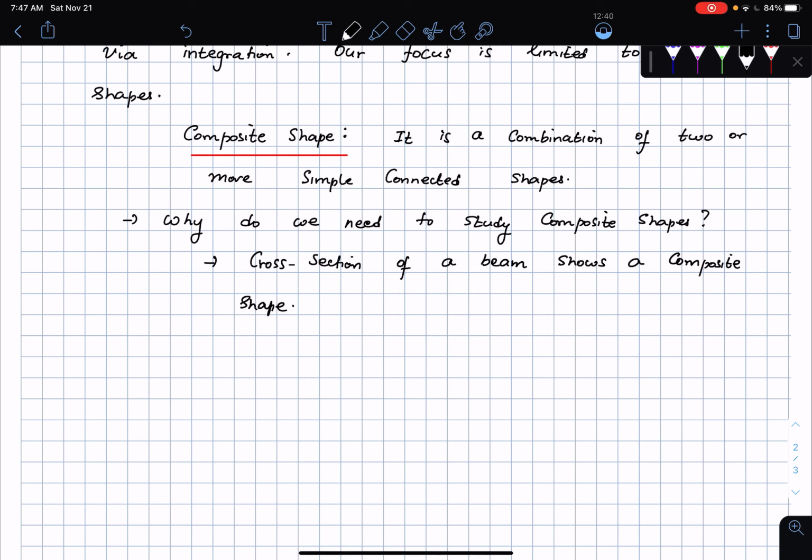Likewise, cross sections of many load-bearing members will show composite shapes.